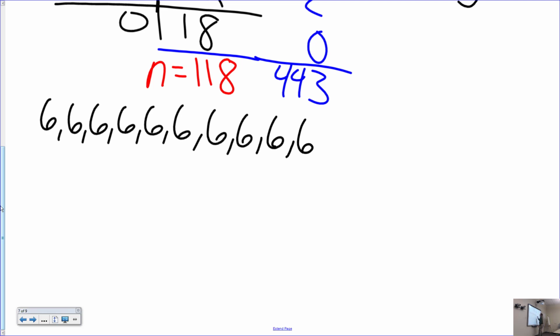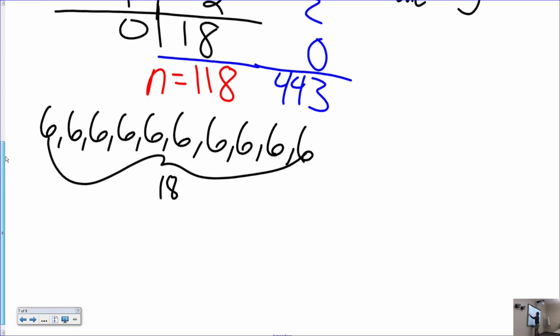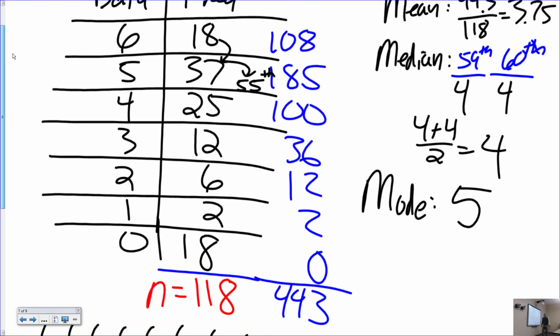You get the idea, right? There are 18 of these. So if you go from the top to the bottom, get as close as you can to that. Technically, 56 would be a 4, and the 57th would be another 4. So 59 and 60 would be 4 and 4.